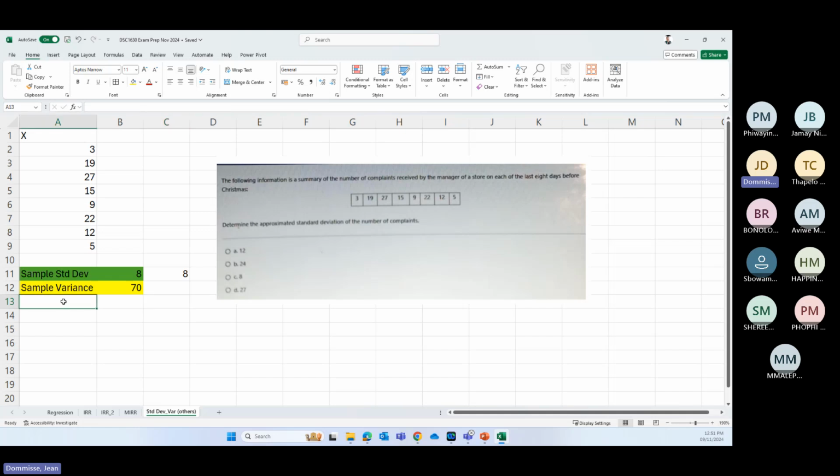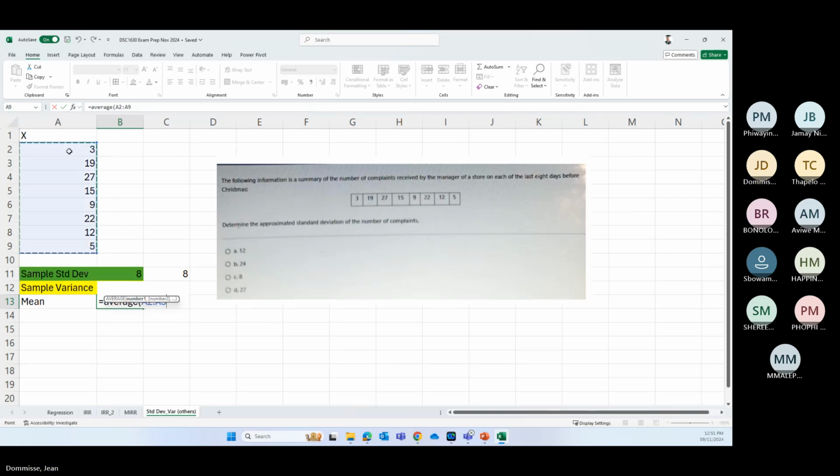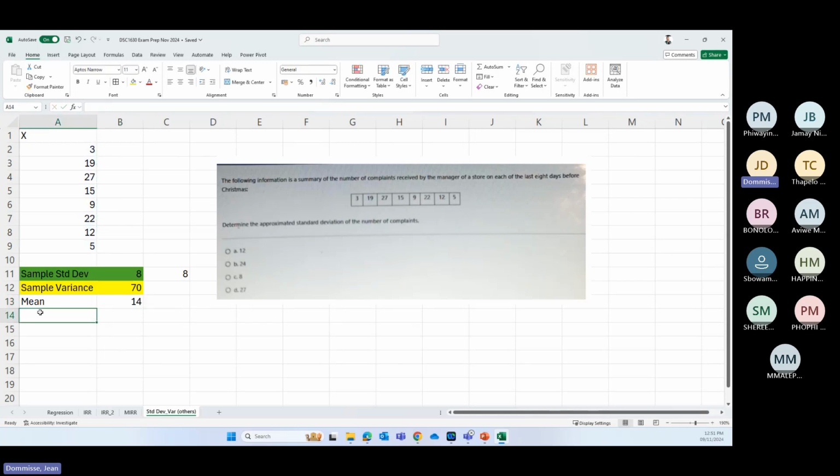Then other things that they could have asked on this data. So they could have asked us, what is the mean? And the mean is just the average of that data. They could have asked us, what is the median? So I'm just going to do that, and I'm going to add the mode as well, just so that you guys can see all of this is possible.